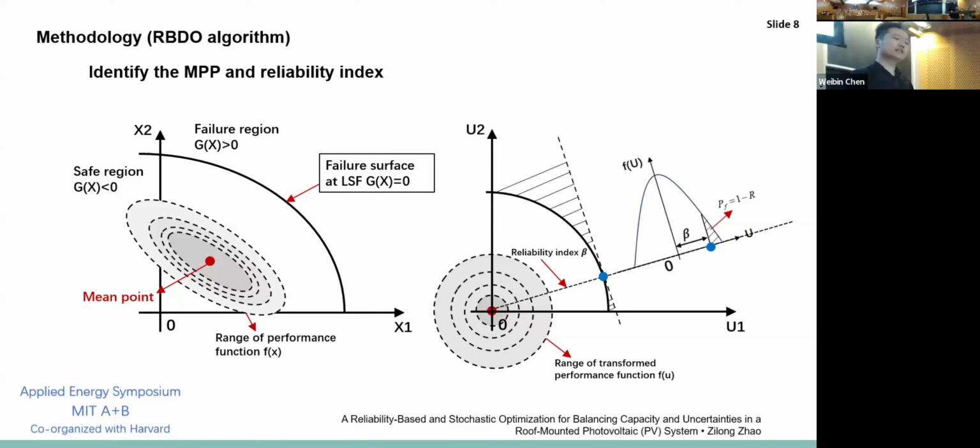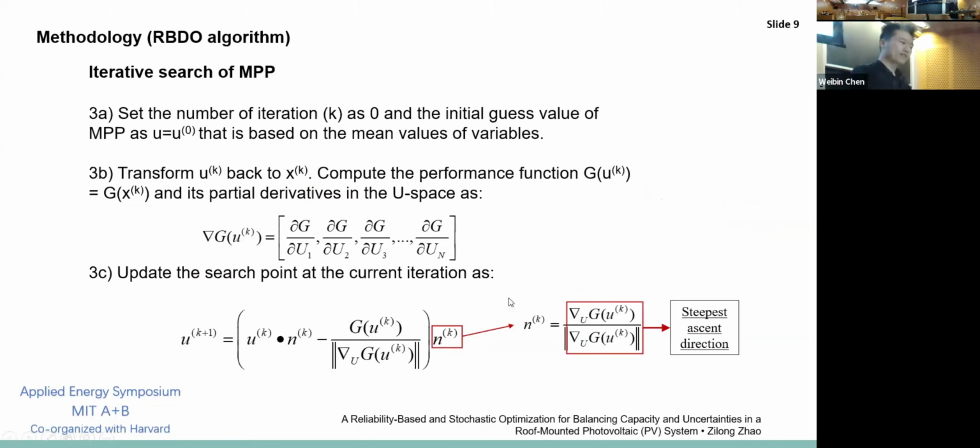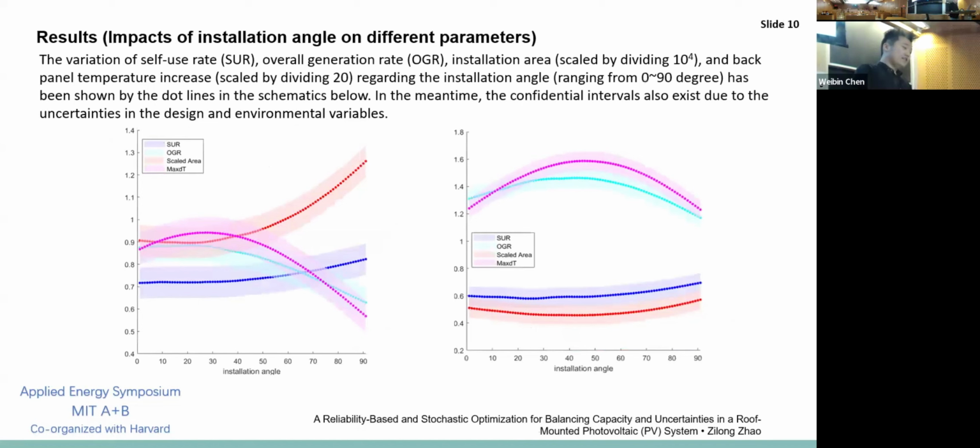Correspondingly, the probability of failure is 1 minus reliability. This is also mentioned in the earlier diagram: when you have calculated all the partials for the design and random variables, you can have the updated searching point based on the steepest ascent direction.